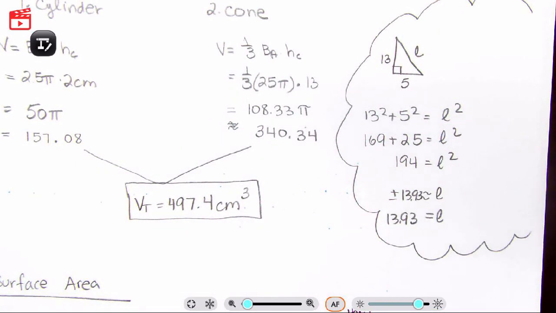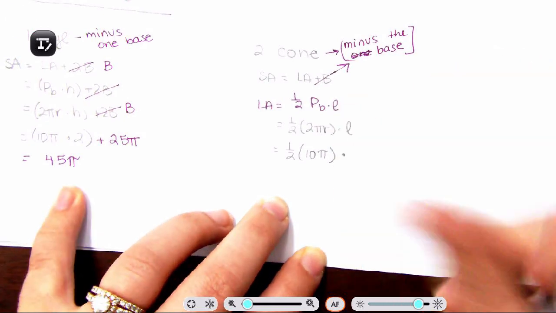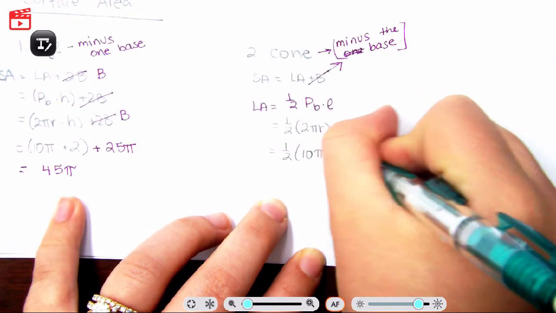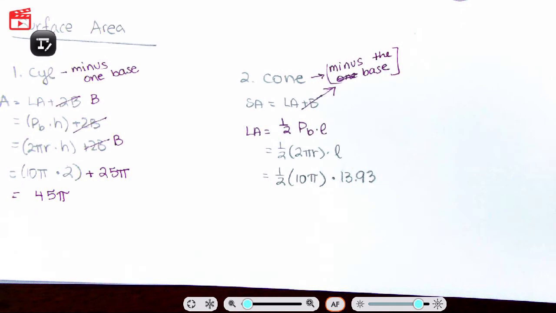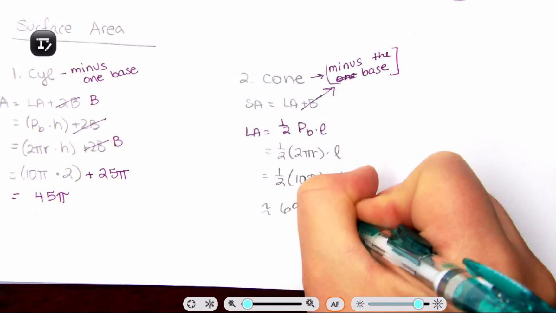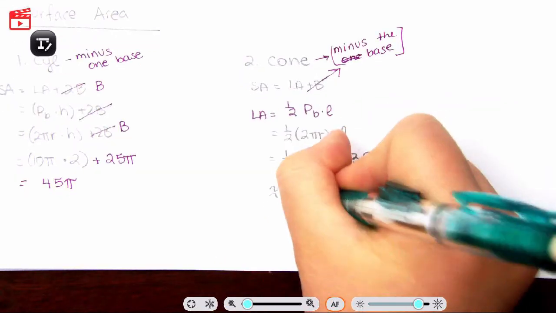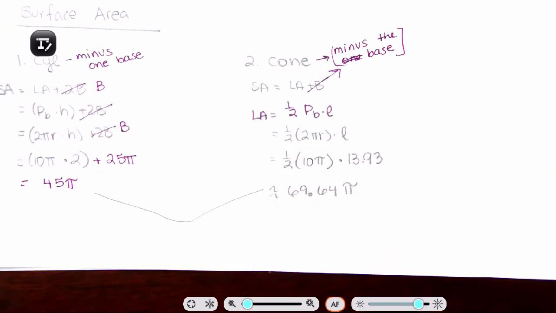So now that we have our slant height, 13.93, bringing it down here, multiplying that by 10, dividing that by 2, and I get about 69.64 pi. And again, because we already have a decimal, we're going to approximate and round.